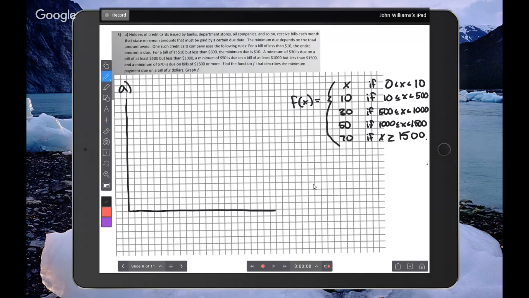So let's see. This needs to go out to 1,500. So I'm going to say 100, 200, 300, 400, 500, 600, 700, 800, 900, 1,000, 1,100, 1,200, 1,300, 1,400, 1,500. Is that right? No, I did not.